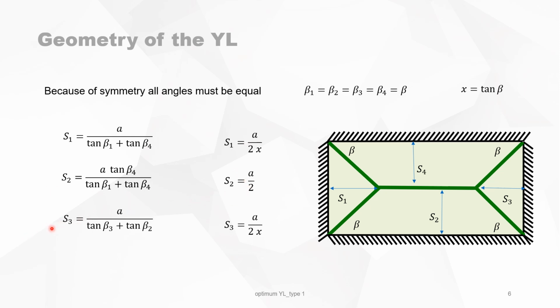And for S3 also, we can rewrite it, and then you see S1 is equal to S3, and S2 is equal to S4. This is an important relationship because it means that in a symmetric element like this, the size S1 is always equal to S3, and of course S4 is equal to S2.